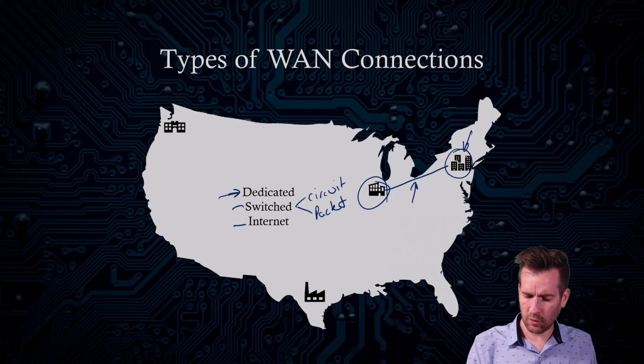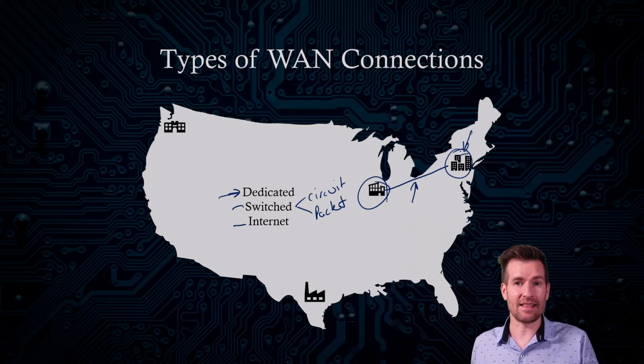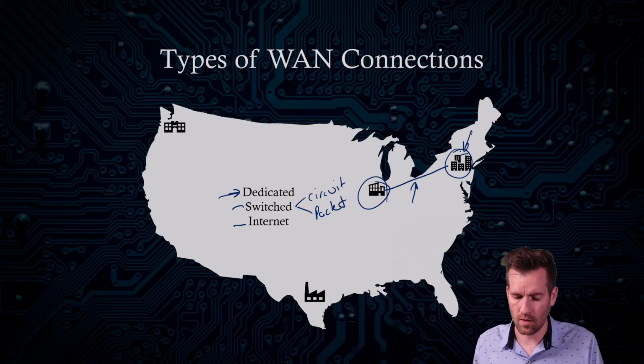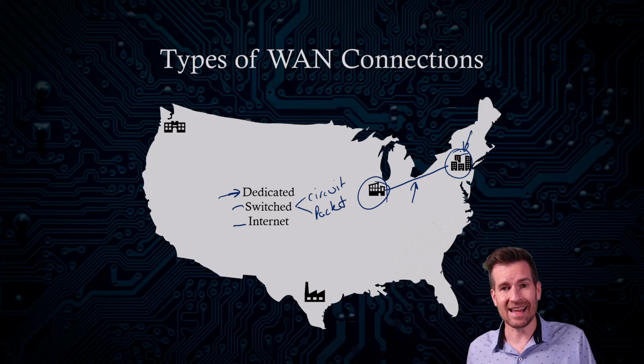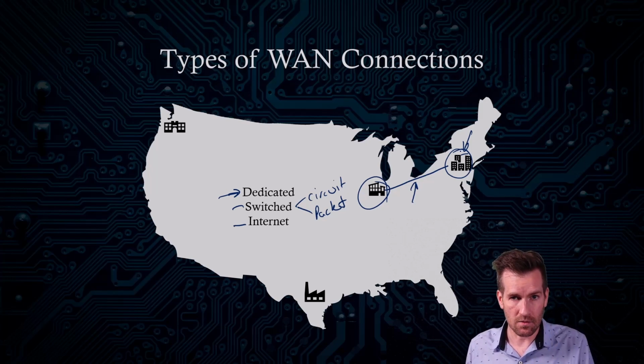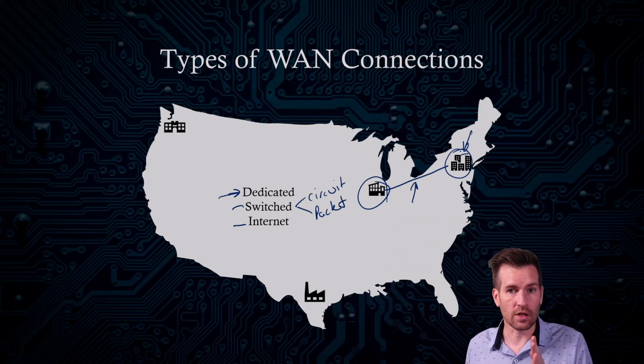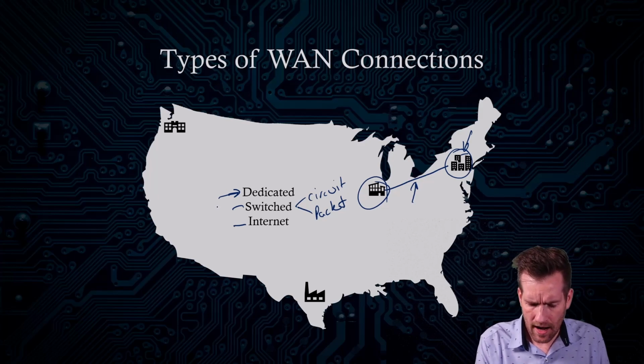Or maybe I have multiple buildings here within New York, and there is a wireless connection between these 2 buildings that's dedicated, that no one else is using that line between those 2 buildings. So that's dedicated, where you have a line, whether it's copper, wireless, or fiber, that's dedicated to you and only you are using it.